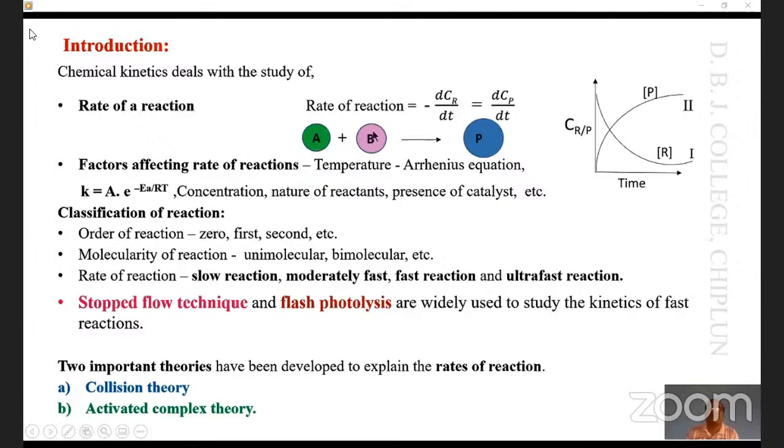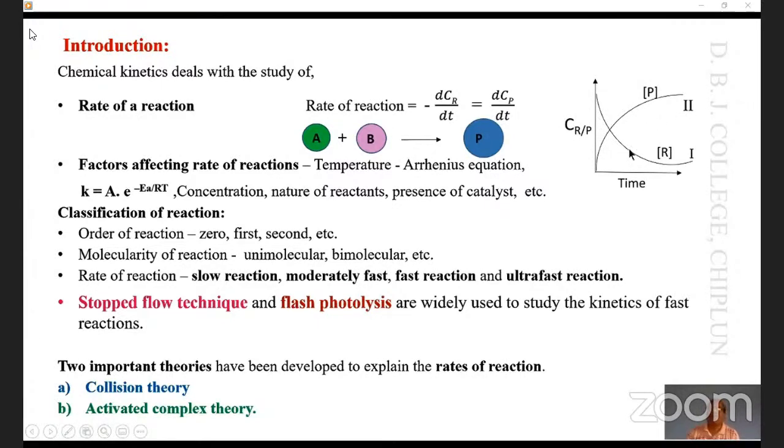Reactant A, when we mix with a reactant B, then a reaction starts between these two reactants. When the reaction starts, the concentration of a reactant goes on decreasing along this first curve. At the same time, the concentration of a product goes on increasing along this second curve.